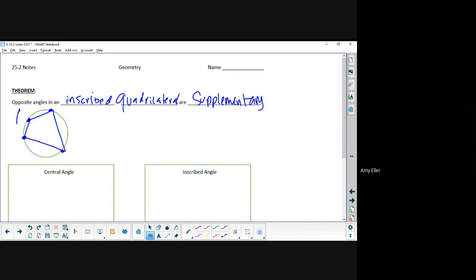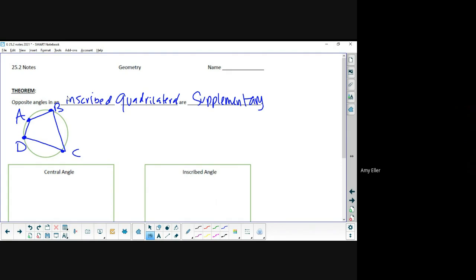So let's label these A, B, C, D. Chupe, tell me 2 angles that are opposites. A is next to B and D, so its opposite has to be C. Connor, what does supplementary mean? Equals 180.